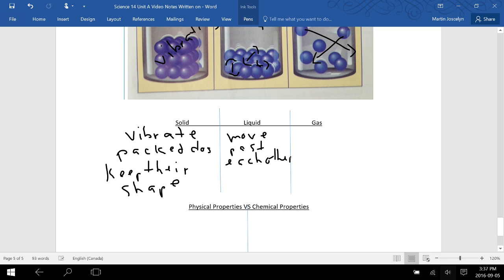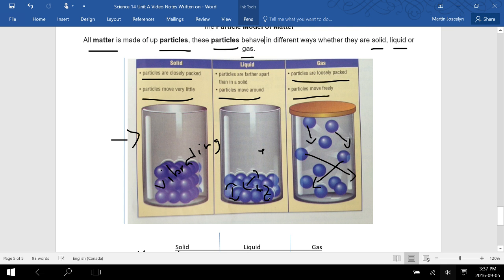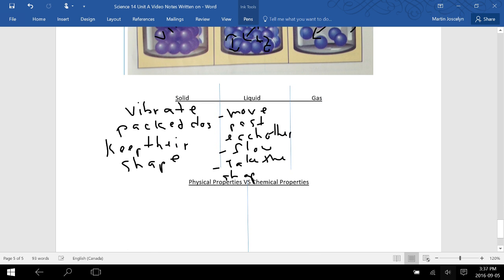This explains why liquids can take the shapes of their containers and they flow easily. So they flow and they take the shape of their container.